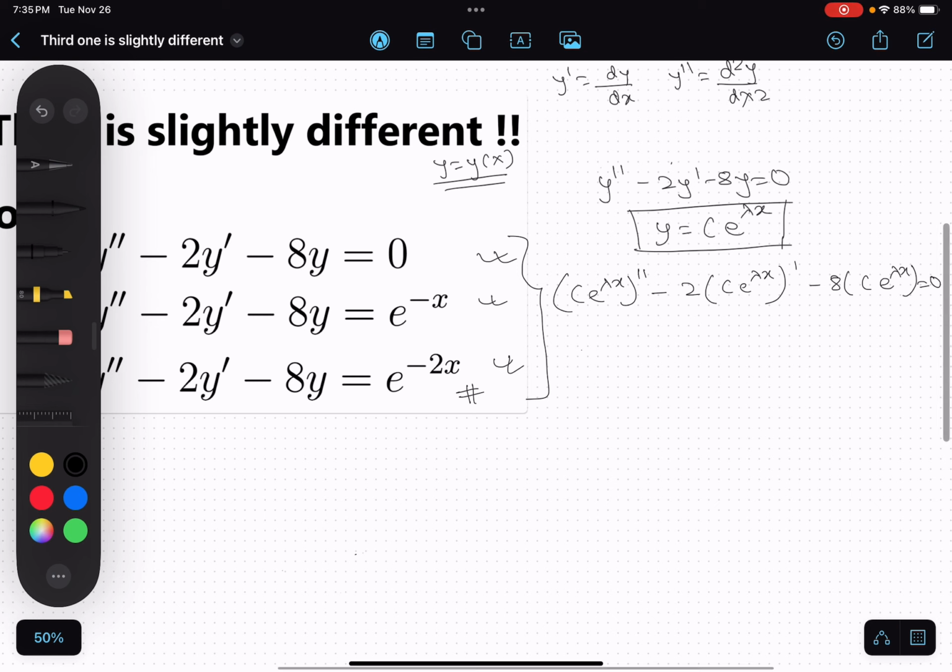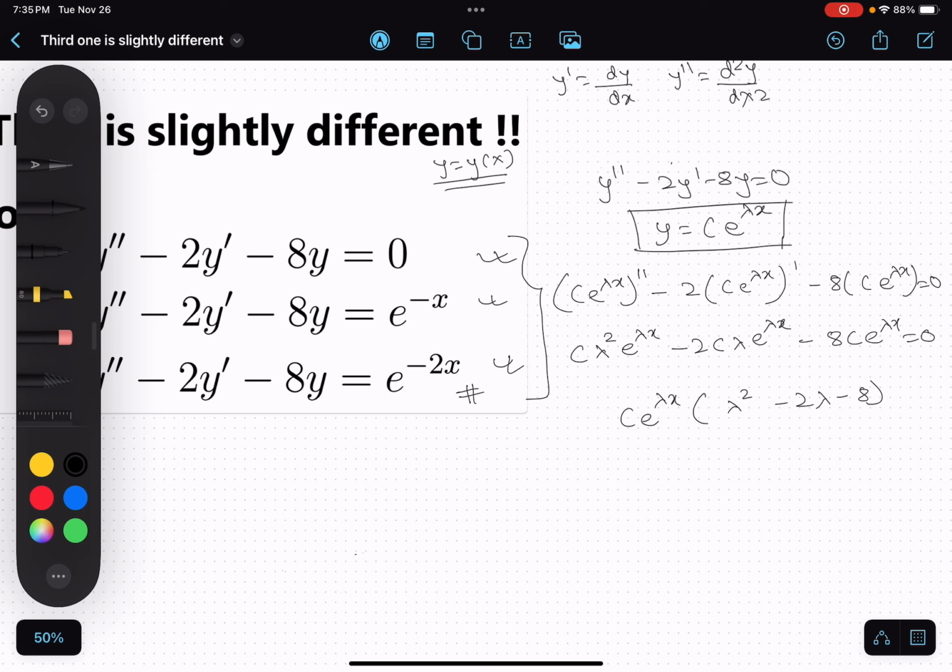If we differentiate this, this will be c lambda square e to the power lambda x minus 2c lambda e to the power lambda x minus 8c e to the power lambda x is equal to 0. You can take c e to the power lambda x common. That will give you lambda square minus 2 lambda minus 8 is equal to 0, right?